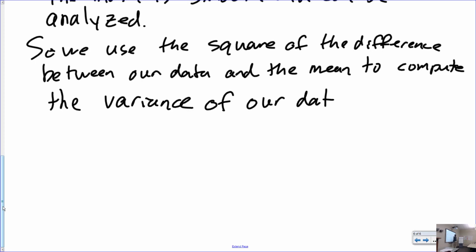And so here's the first term that we use for measuring dispersion: variance. It's calculated through the square of our data. And I'm going to write it mathematically first.